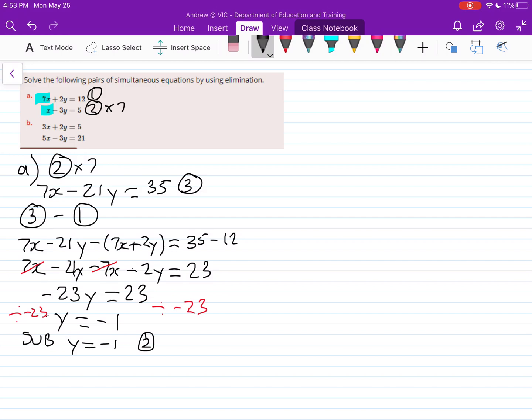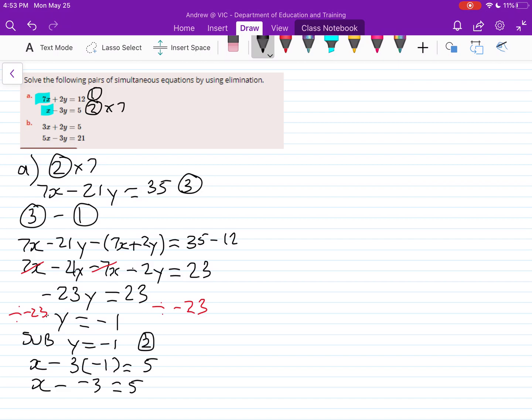We have x minus 3 times negative 1 is equal to 5, so x minus negative 3 is equal to 5.